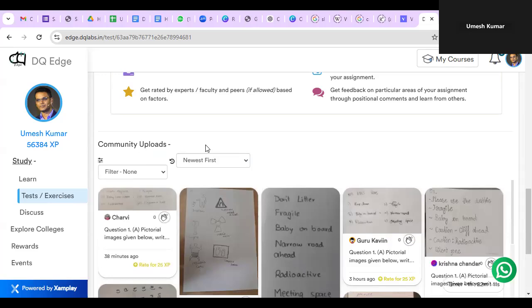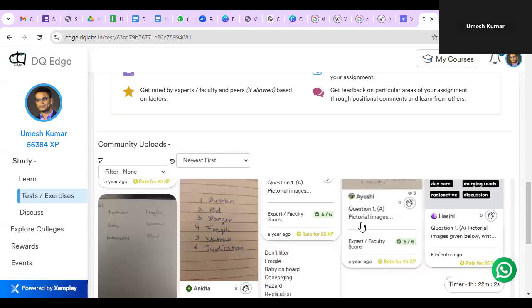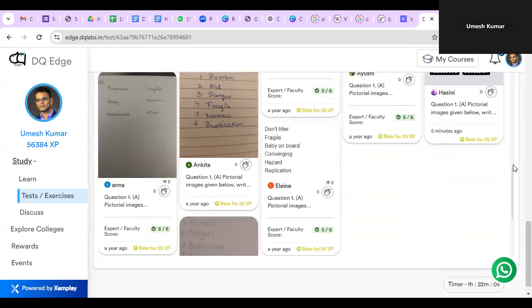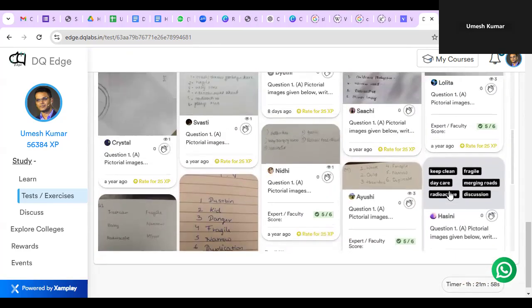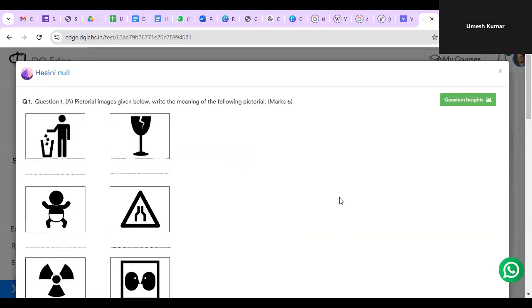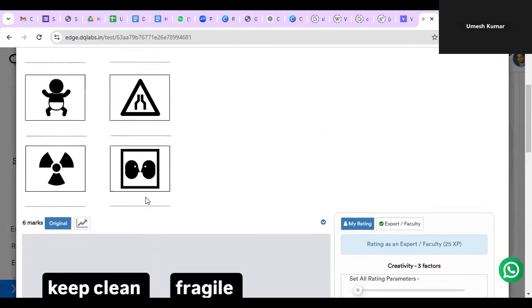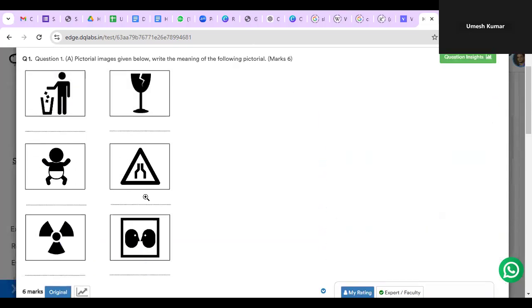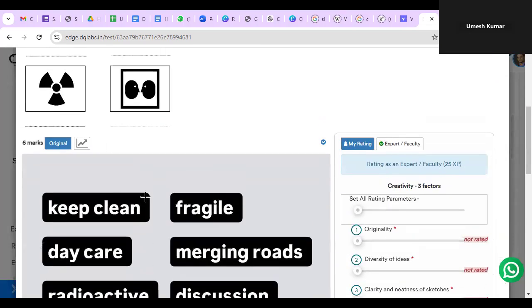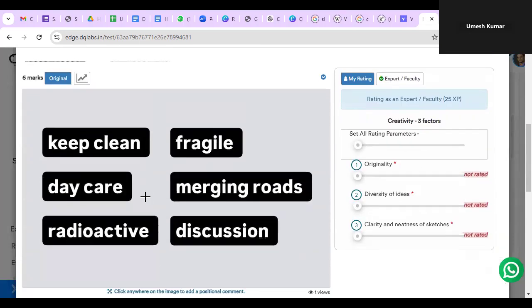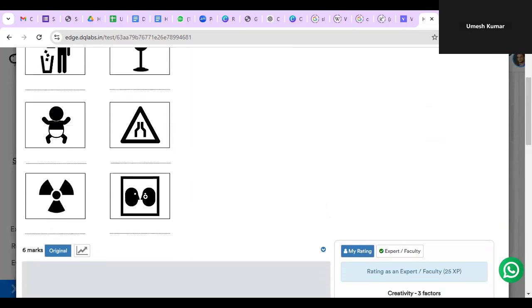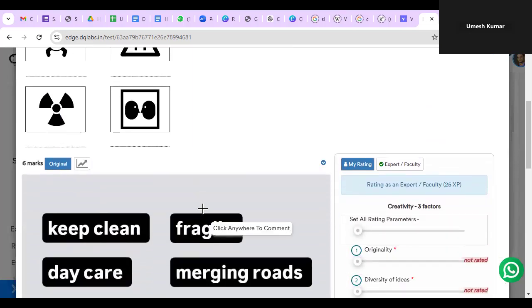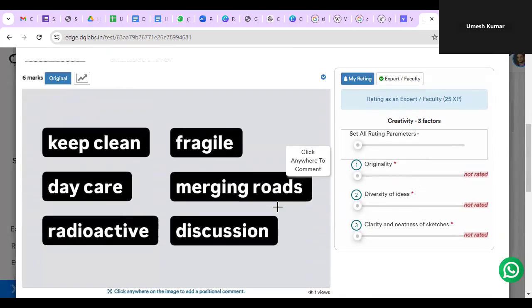CB, Vaibhavi, Nikhil and Hasini. Hasini is here. Okay: keep clean, fragile, daycare, merging roads, radioactive, discussion. That is pretty straightforward, which is good.